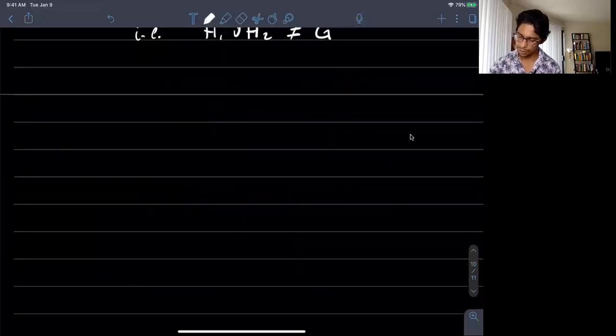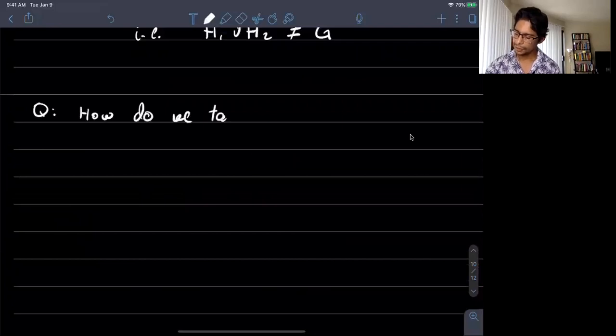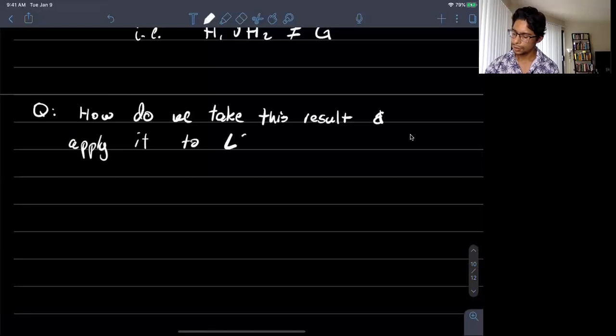Okay, so another question. How do we take this result and apply it to the level of the group von Neumann algebra? One answer to this is Popa's deformation rigidity theory.